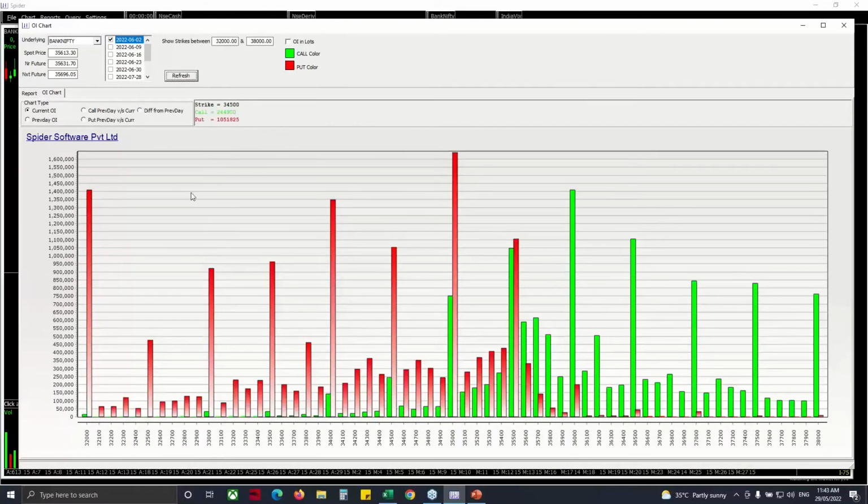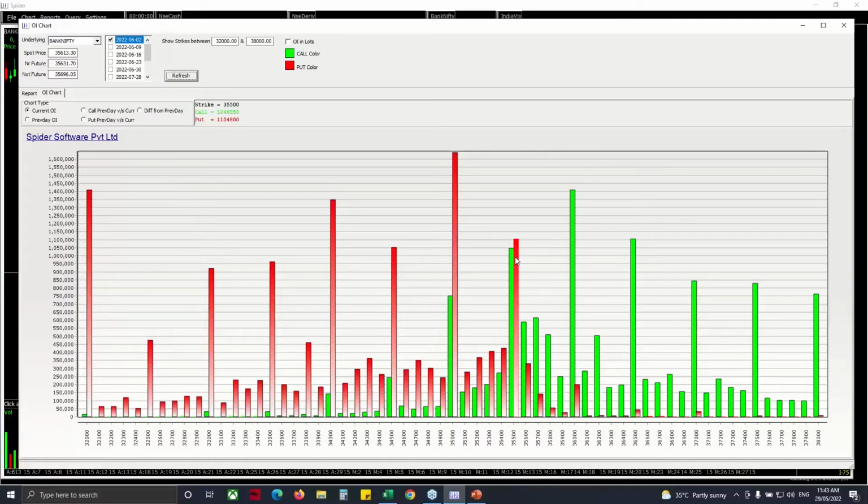Now let's look at the weekly open interest. One thing that we can notice is there is a huge OI at 30,000, which suggests we might not go below this level for this weekly expiry this coming week. There is a fight between call writers and put writers at 35,500.